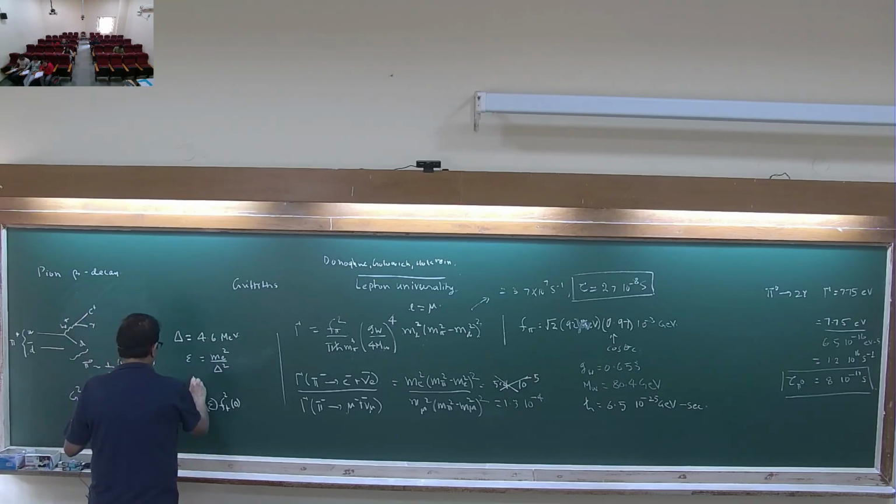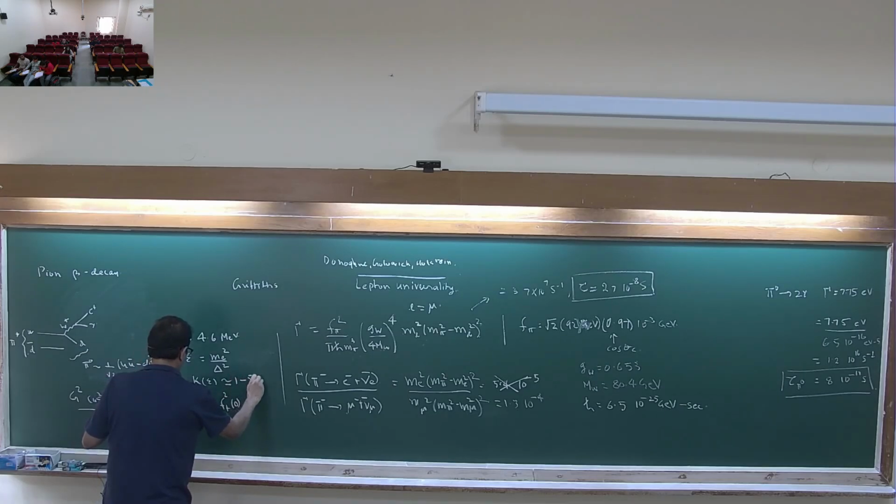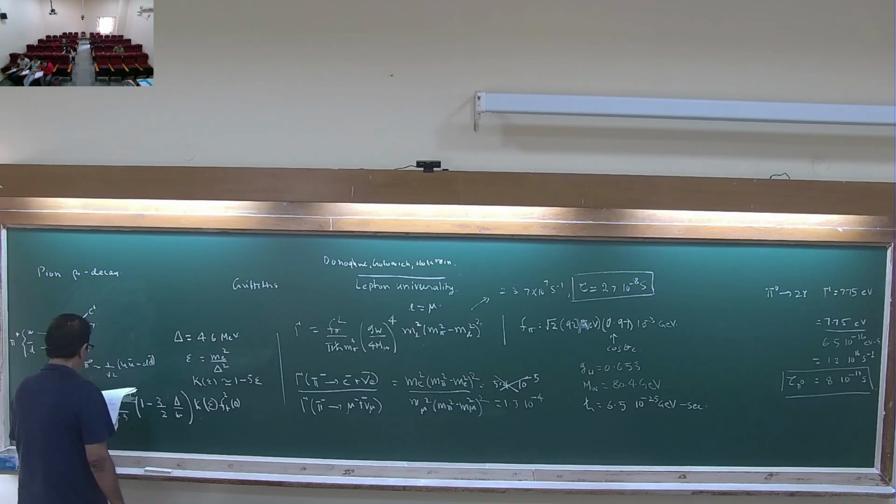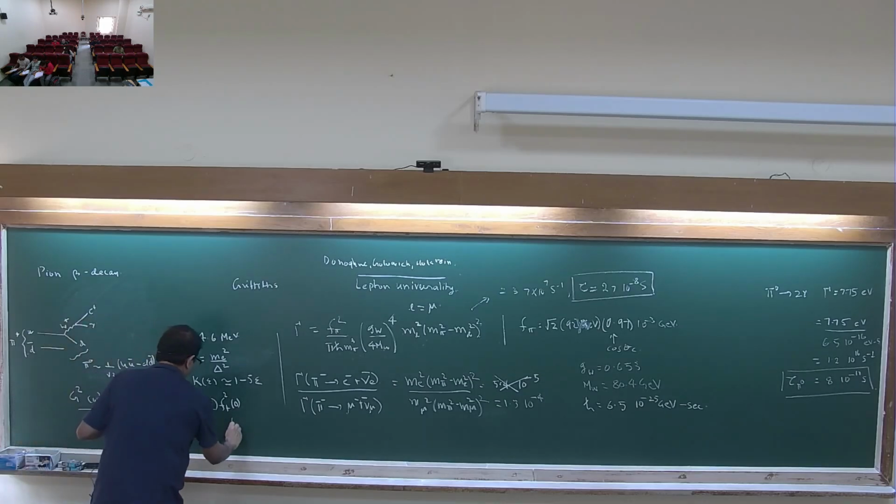This function k of epsilon is approximated by 1 minus 5 epsilon like this, and f plus at 0, so this comes from theory, this is equal to square root of 2, which comes from the CVC hypothesis.